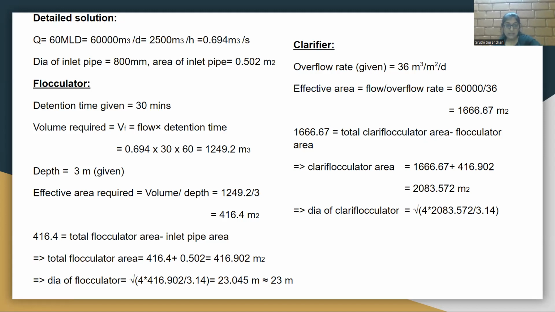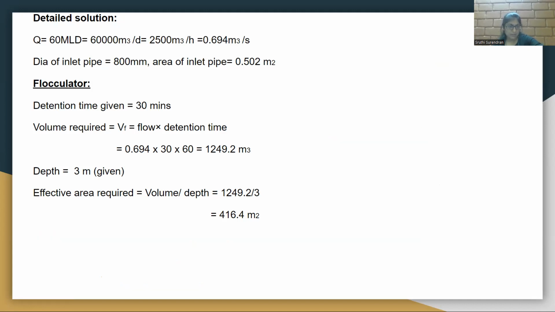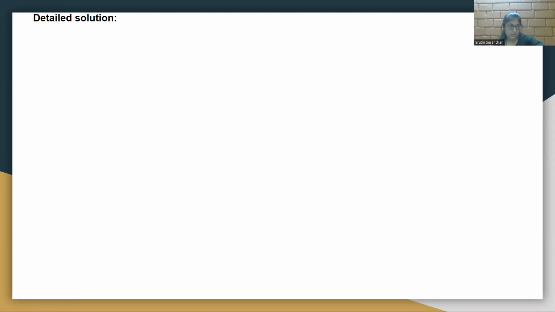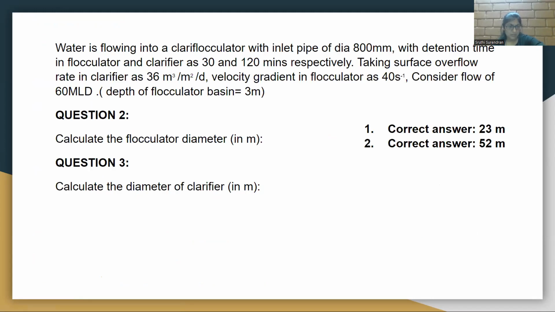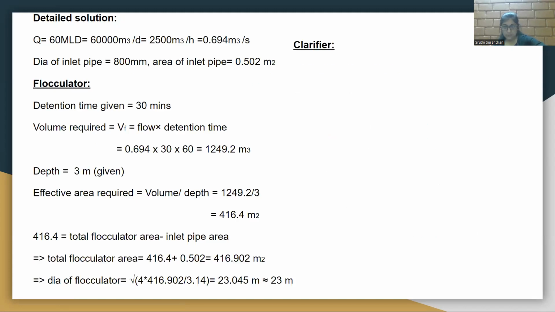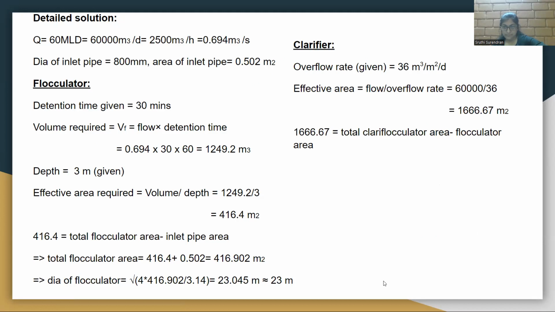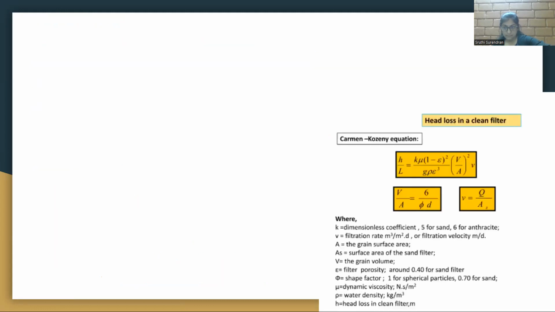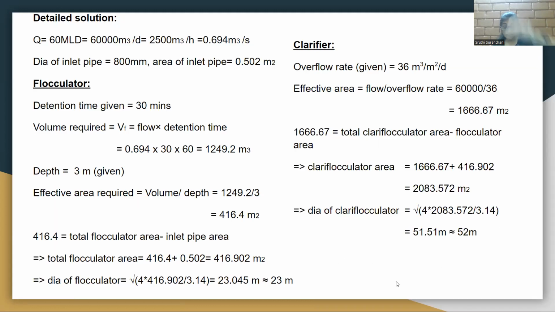The question here asked is not the diameter of the clarificator, I believe. The question asked is to calculate the diameter of the clarifier. What have they found here? They have found out the diameter of the clarificator. Okay, that is again an issue with the question.